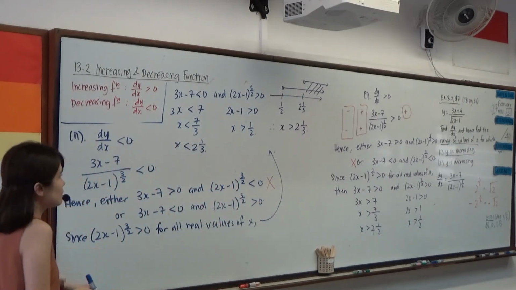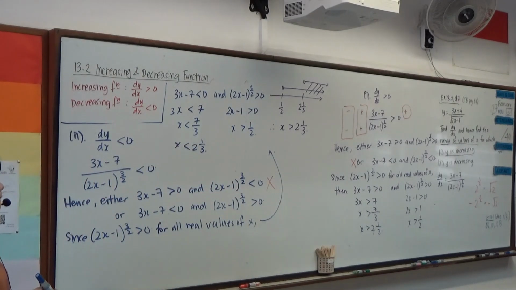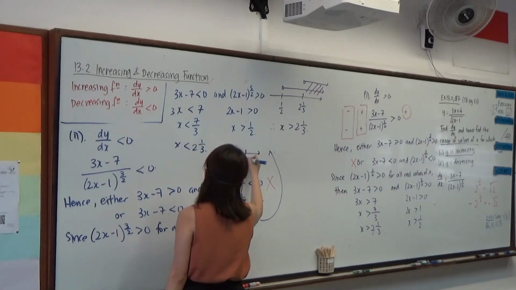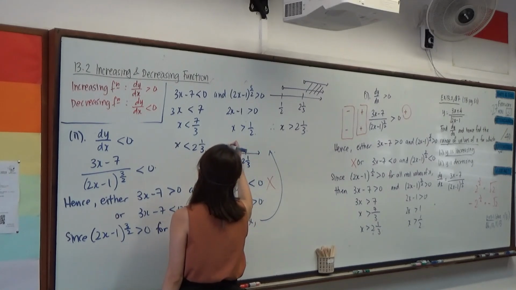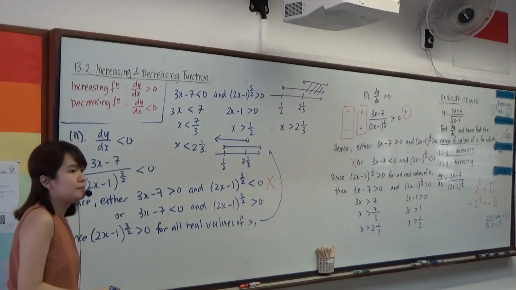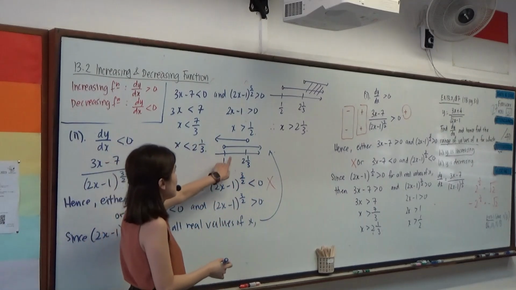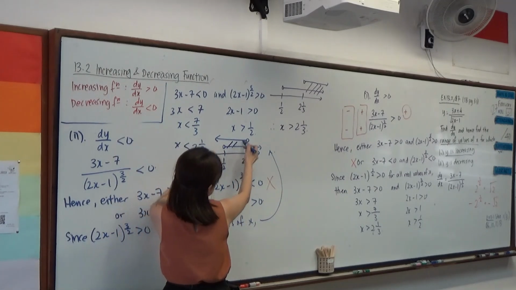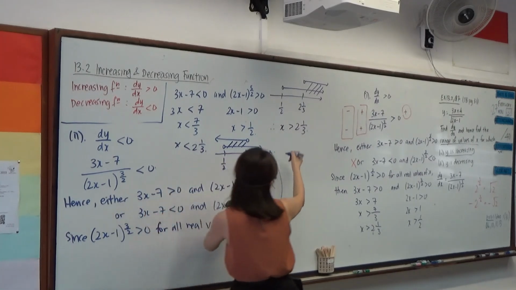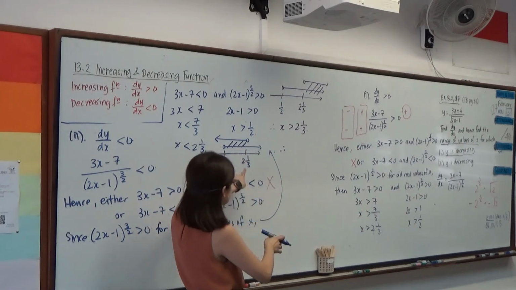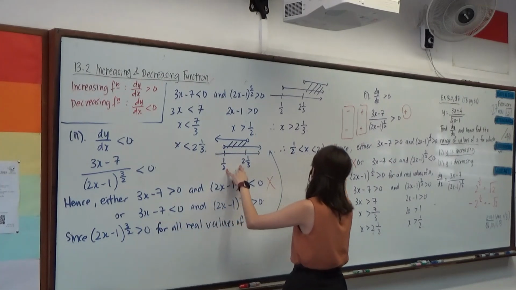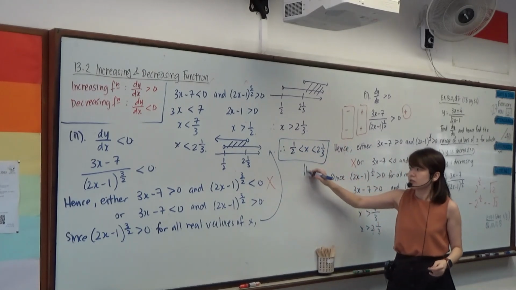That's why we say 2x minus 1 is more than 0. Then draw the number line. We have x more than half, x less than 2 and 1/3. The overlap is here. Therefore, the conclusion is that x is between half and 2 and 1/3. So this is the answer.